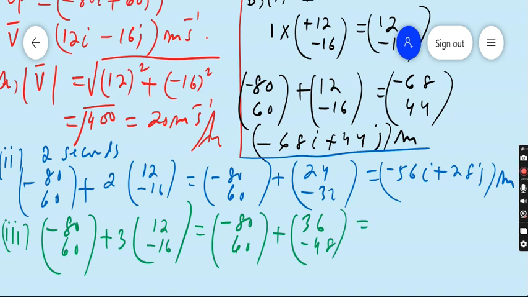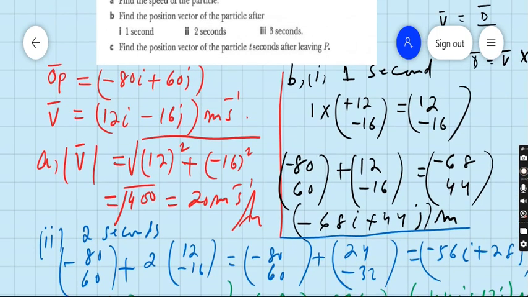Minus 80 plus 36 is minus 44i, and 60 minus 48 is 12, so plus 12j meters. And this is the answer of B3, for the first second, second second, and third second.